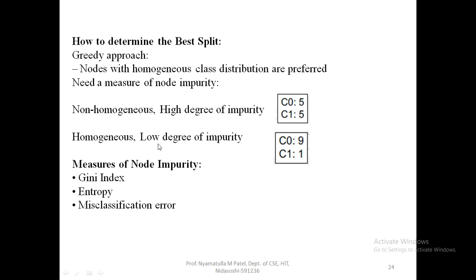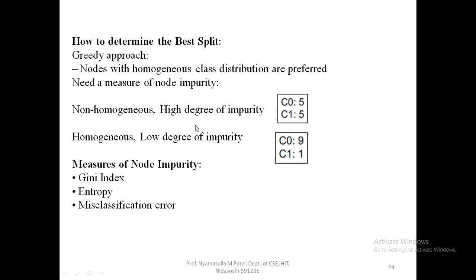Now, homogeneous means low degree of impurity. So, here out of 10, 9 of the training records belong to class 0, whereas only one of the data belongs to class 1.